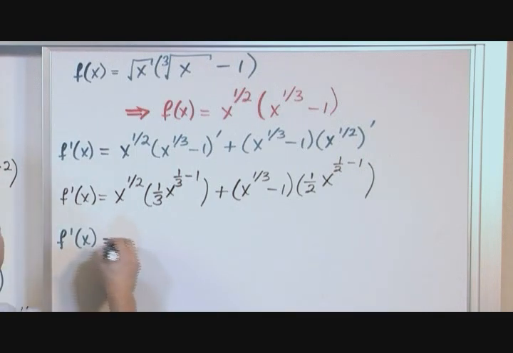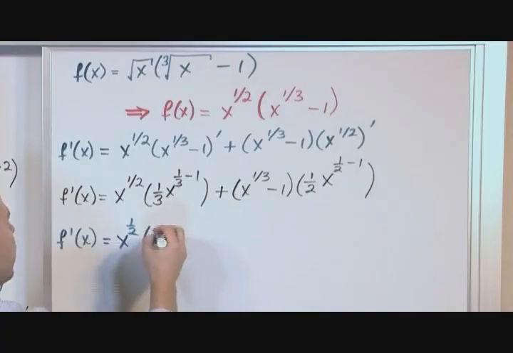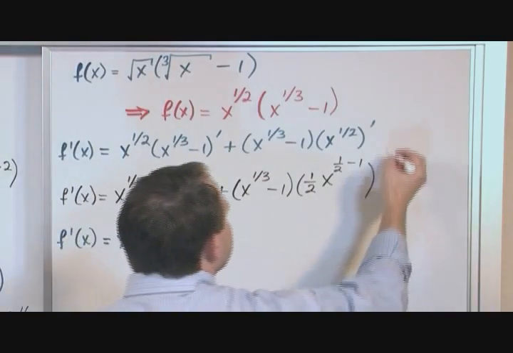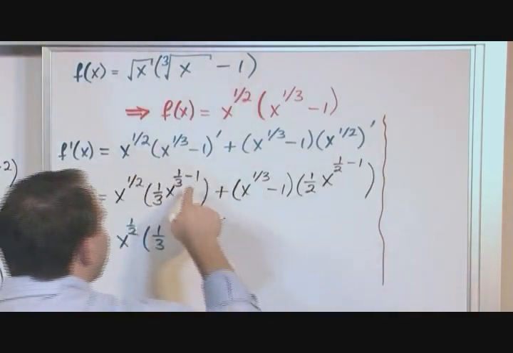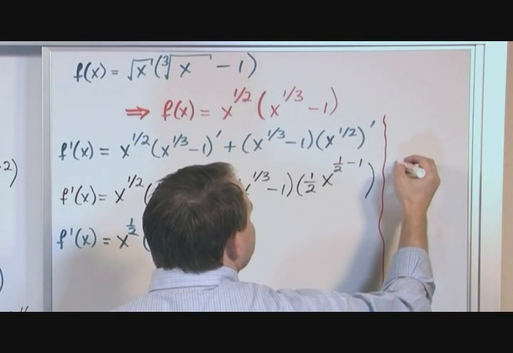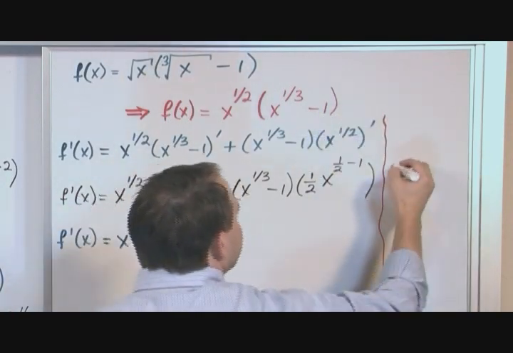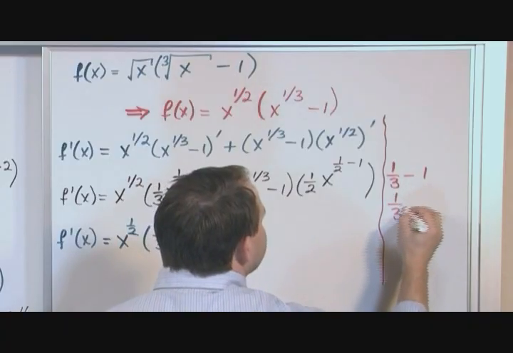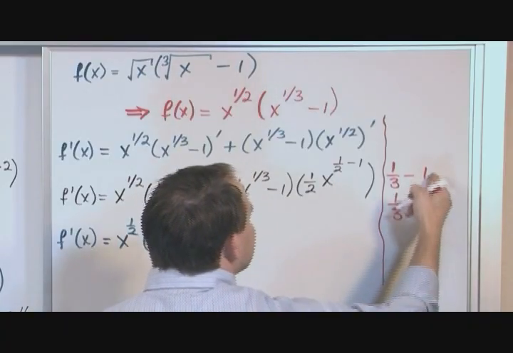So we'll have x to the 1/2 times, what are we going to have here? 1/3. My advice is to go off to another side of the board or paper, and work out these fractions separately. So 1/3 minus 1. That's the same as 1/3 minus 3/3, just getting a common denominator.